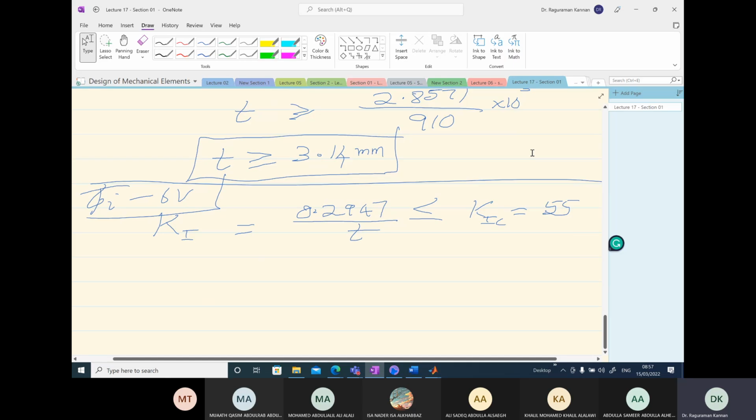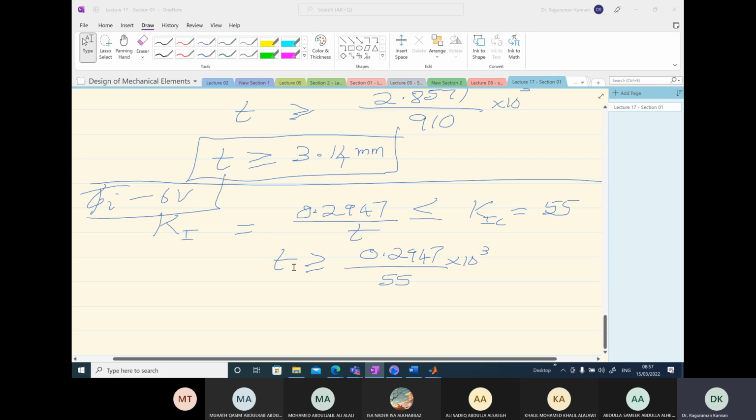Okay. And T value must be greater than or equal to, in this case, 0.2947 over 55 and into 10 power 3, so that we get it in millimeters.